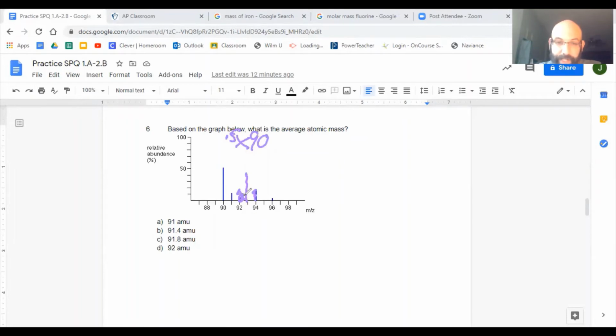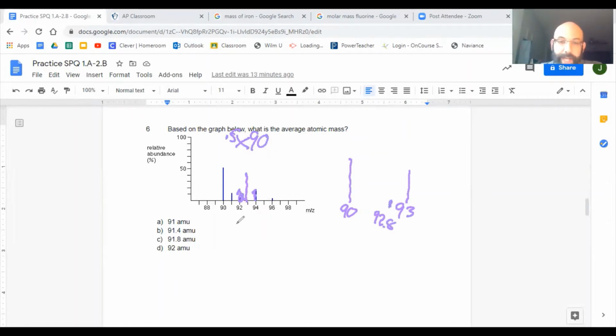Those two would average together. So now we have a big line at 90. We have a 93, that's that other huge line, and I misspoke. And then this other one is going to be just before 93, like, I don't know, 92.8. It doesn't really matter.